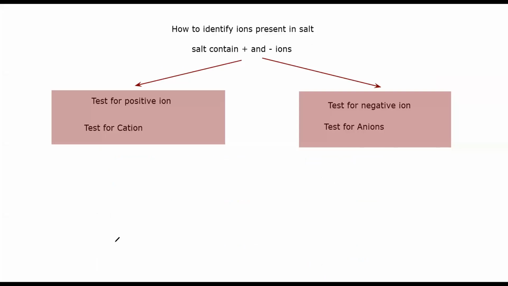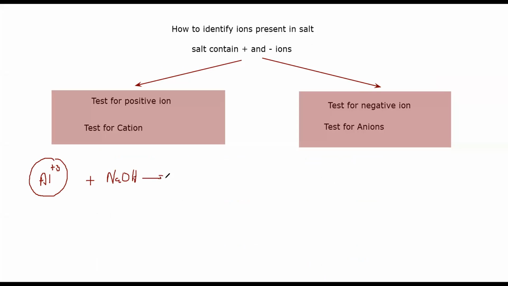Because the salt contains a positive and a negative ion, if the positive ion is aluminium, for example, there is an aluminium ion present in the salt, and you add sodium hydroxide.